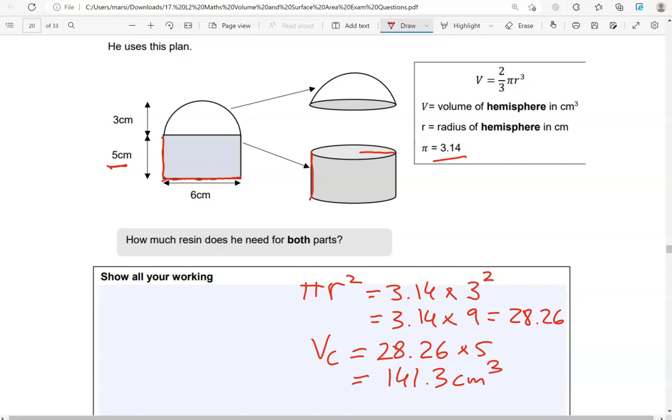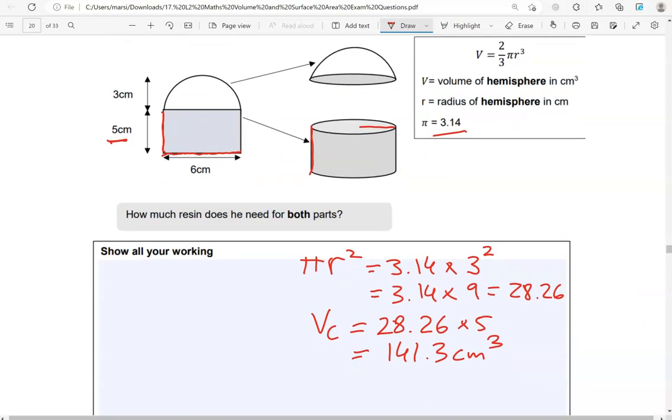Now let's work out the volume of the hemisphere. We've got the formula for it, which is V is equal to 2/3 of pi times radius cubed. Pi is 3.14 and radius is 3.